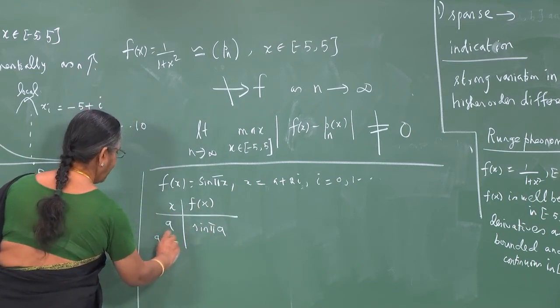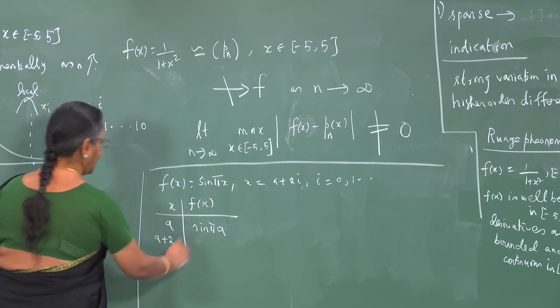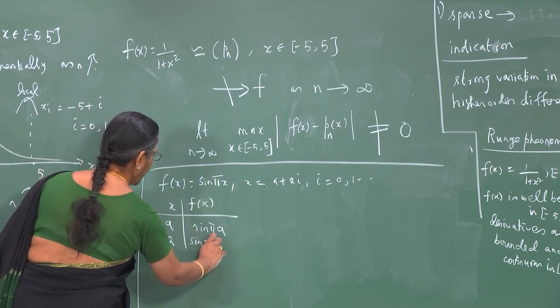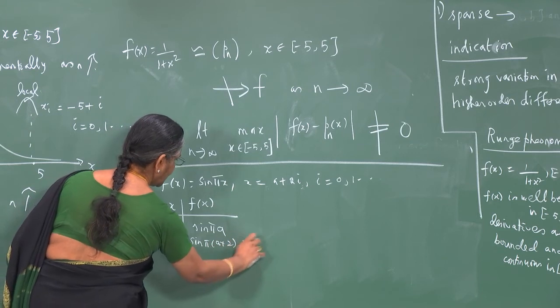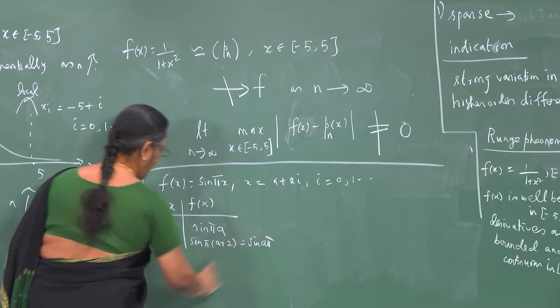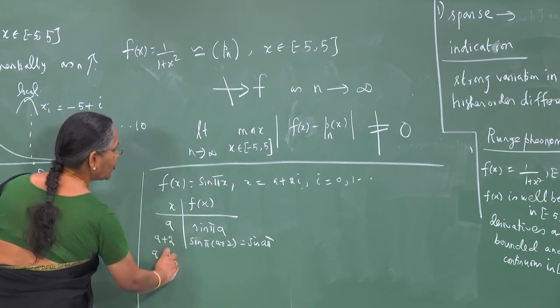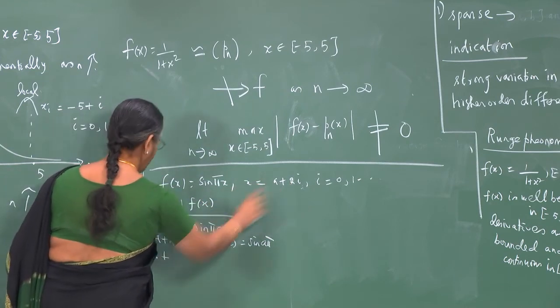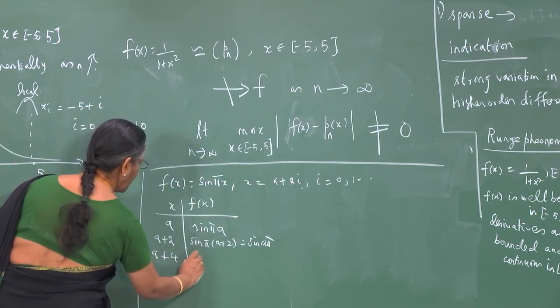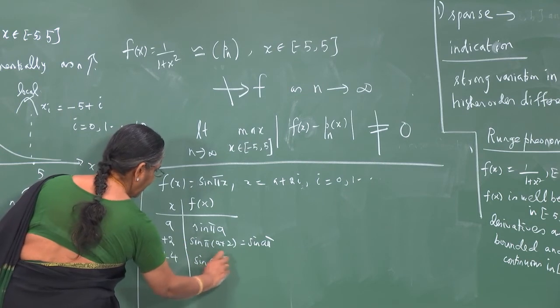When x is a plus 2 into 1, then it is sin pi (a plus 2), which is again sin a pi. At x is equal to a plus 2 into 2, so a plus 4, it is again sin a pi.